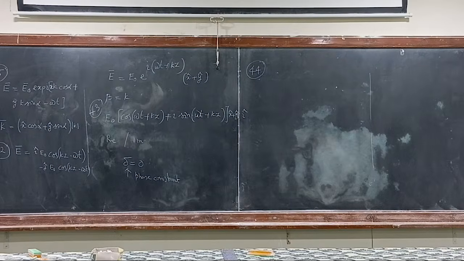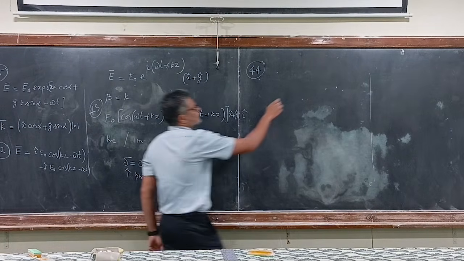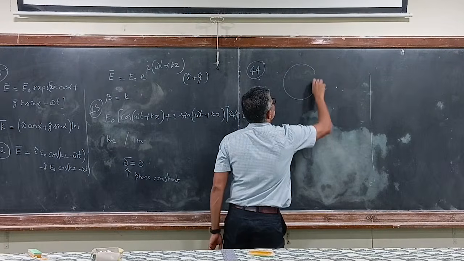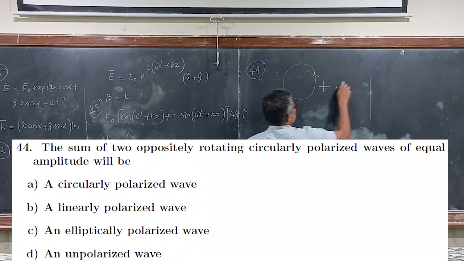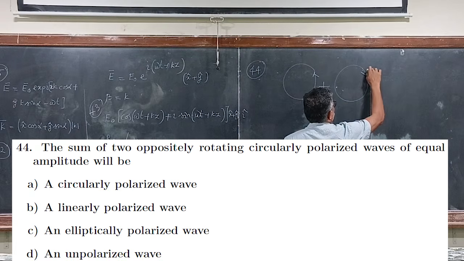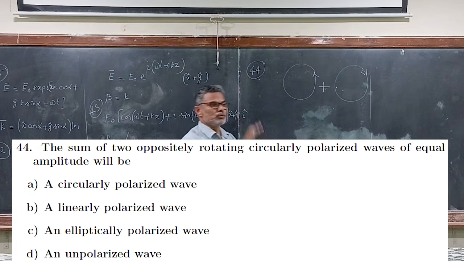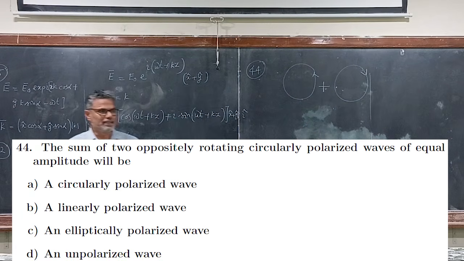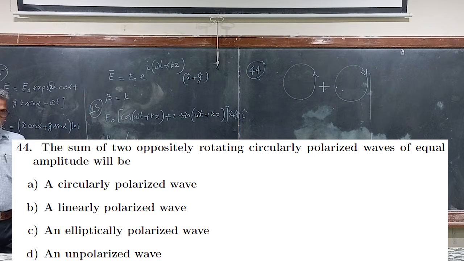That means let's consider one is left circular polarized like this, plus one like this. If you overlap these two, what happens? That's the question. The resultant will be what kind of polarized state?